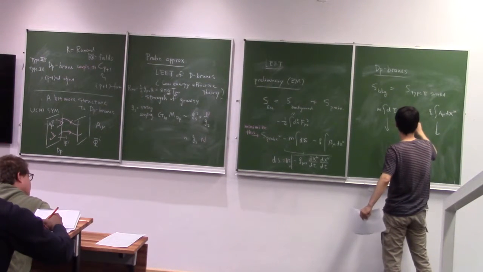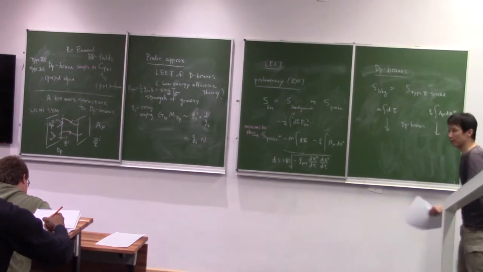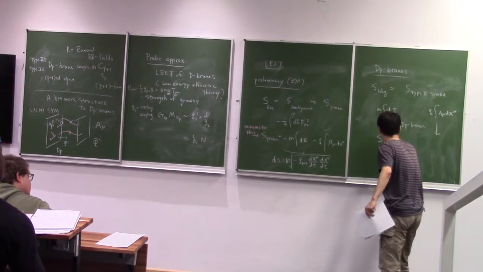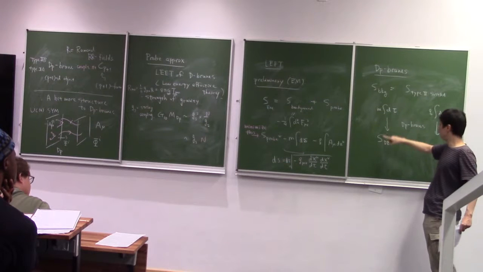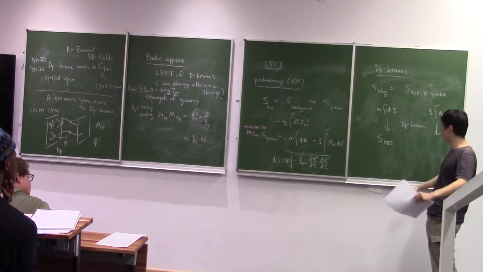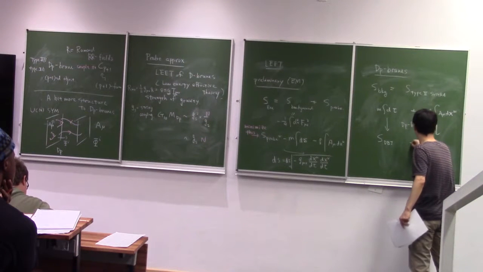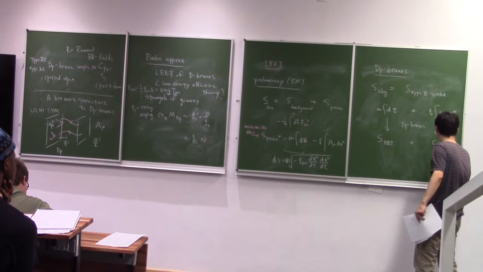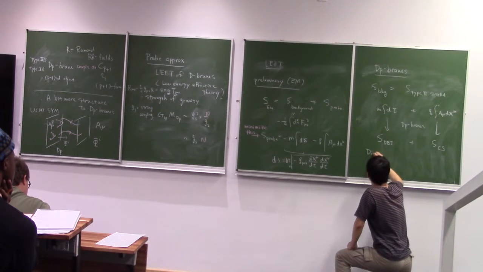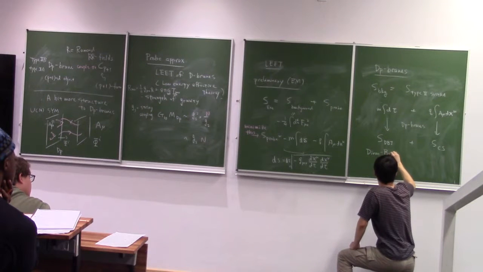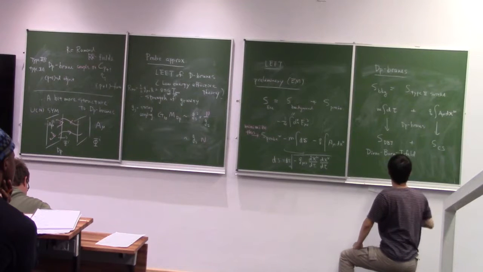When you go to the p-branes, first, this part will be replaced by what we call the DBI action, the Dirac-Born-Infeld action.